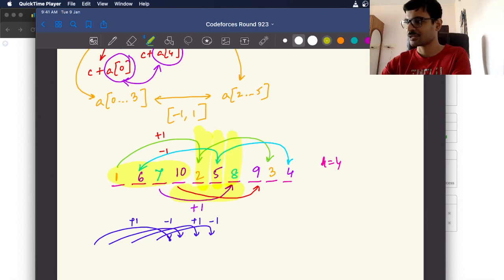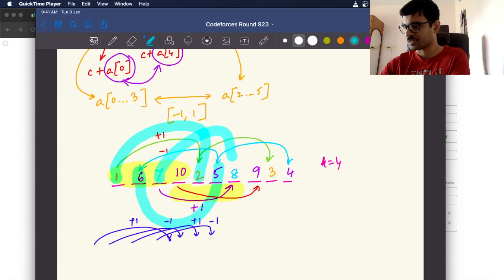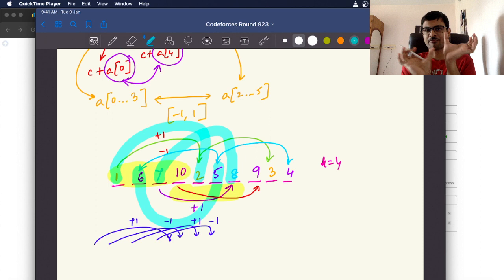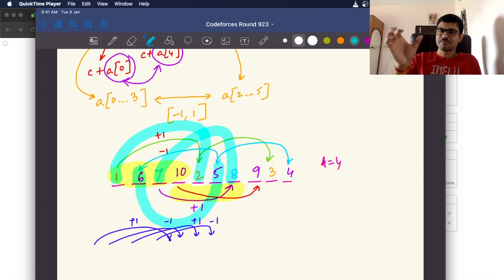So can you observe this, that you have 1 plus 1, 1 minus 1, and 1 plus 1 between these two subarrays that I have marked in yellow. So that's it. Always if it is plus 1 minus 1 plus 1 minus 1, the sum starting from plus 1 up to any place is going to be either plus 1 or it will be 0. So that's it.